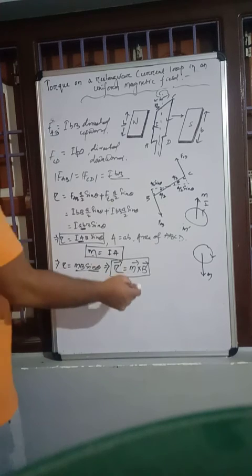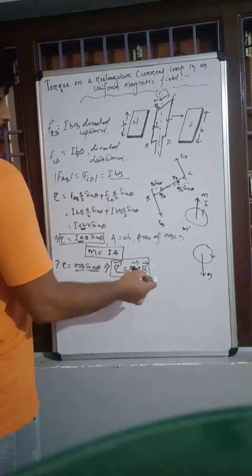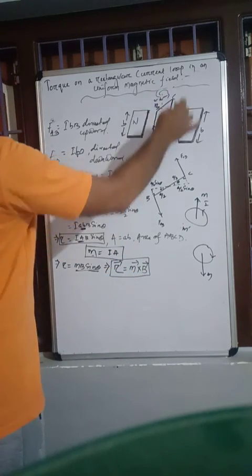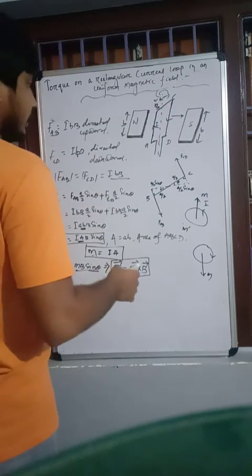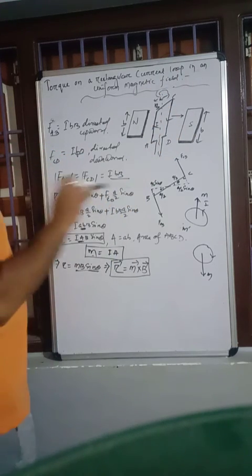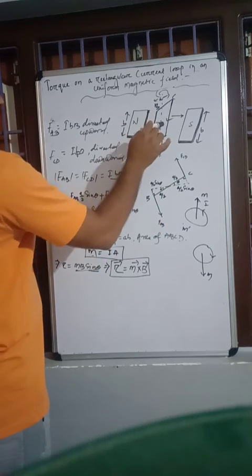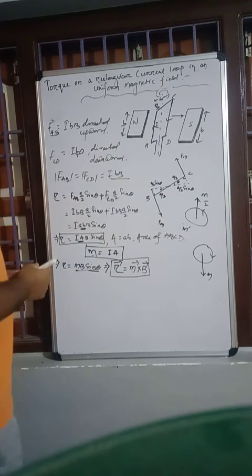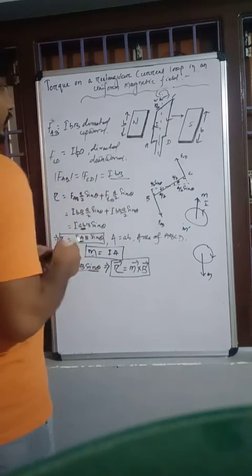So up to now, the expression for tau is m cross B, where the plane of the loop is not in the direction of the magnetic field. It is making a certain angle with the magnetic field.